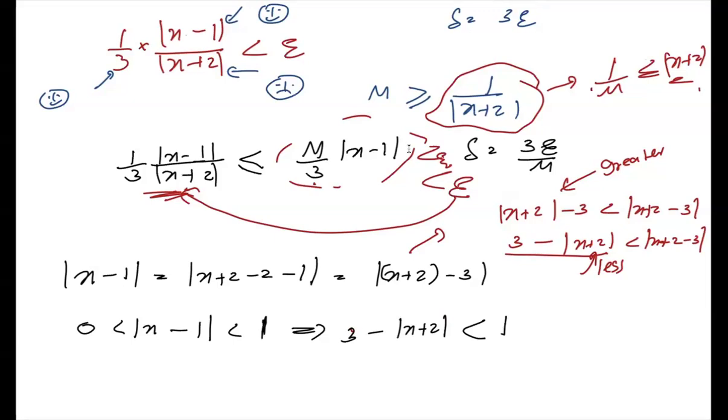Then |x plus 2| is greater than 2, and from here this implies 1 over |x plus 2| is smaller than half. Remember, if you put, let's say, 5 over there, what would happen?